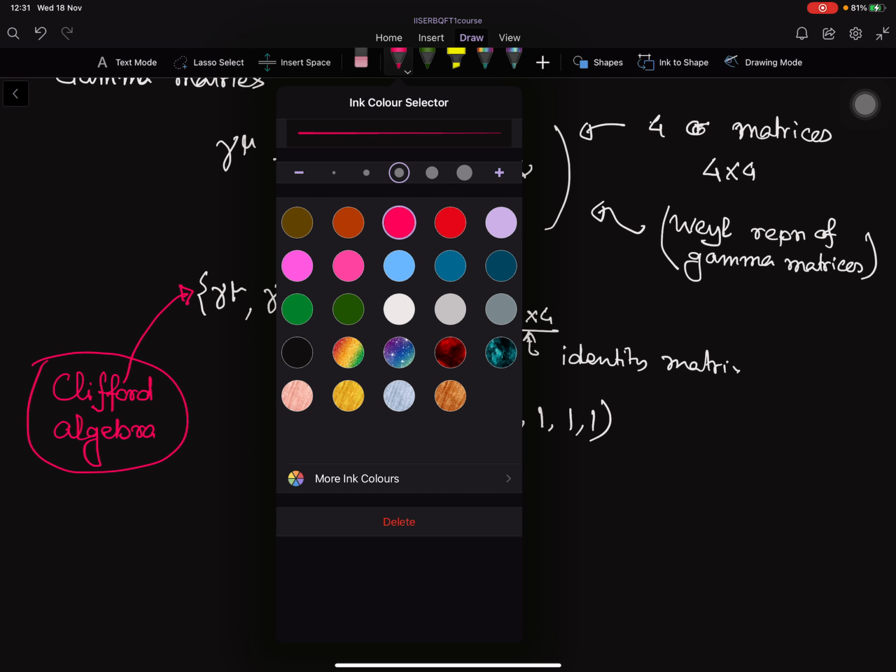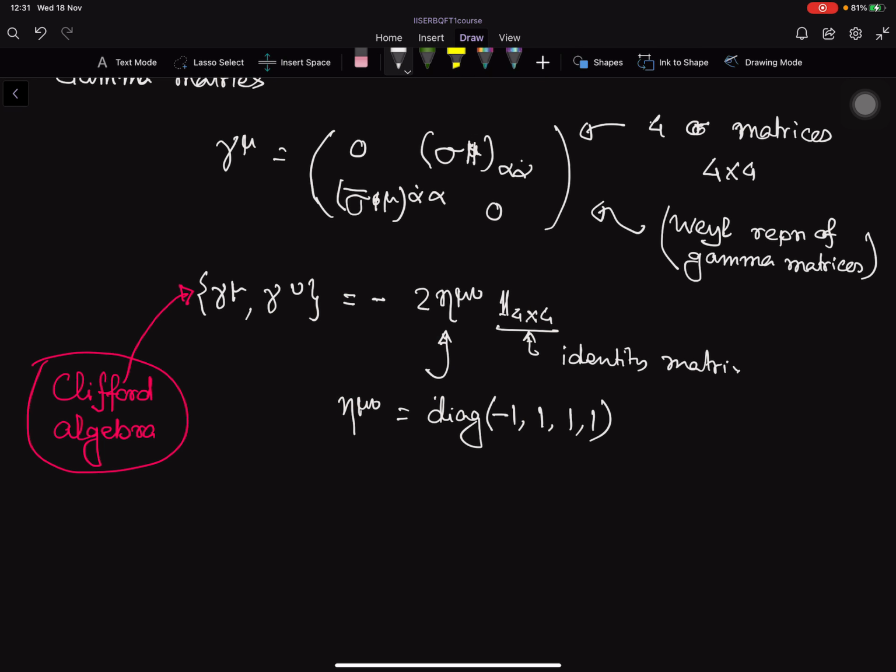Now from these matrices you can define one matrix which is called gamma 5, which is i gamma 0, gamma 1, gamma 2, gamma 3.